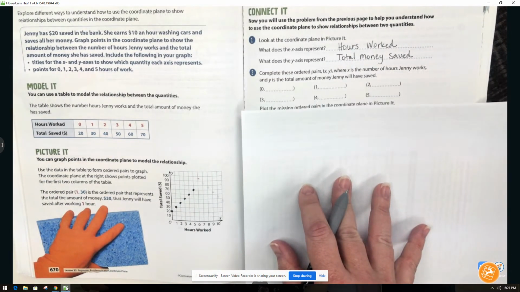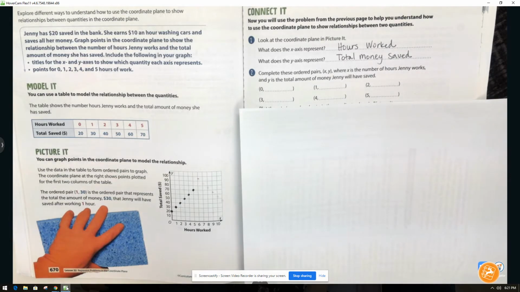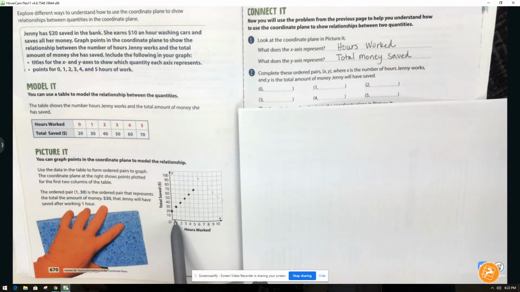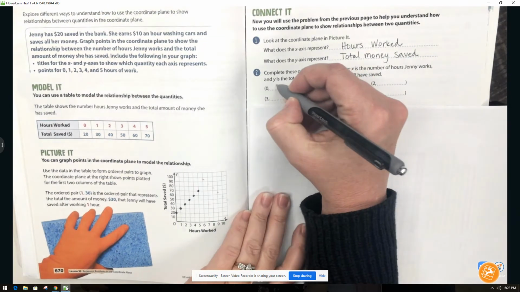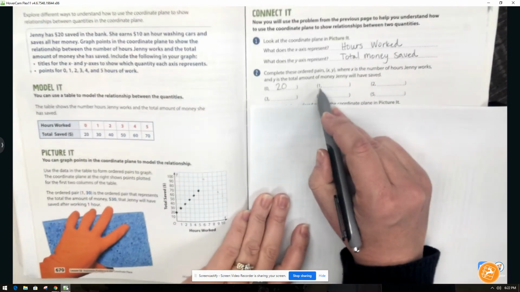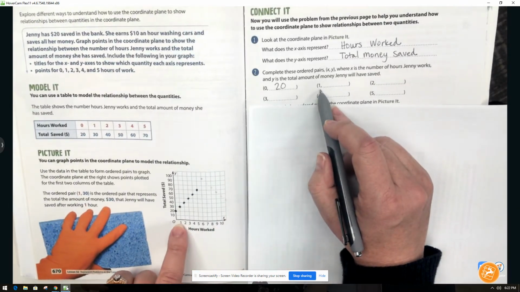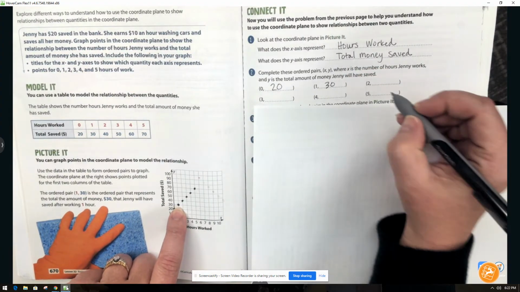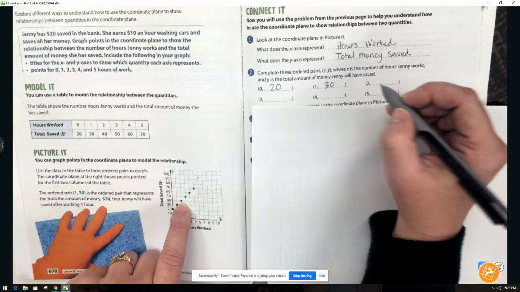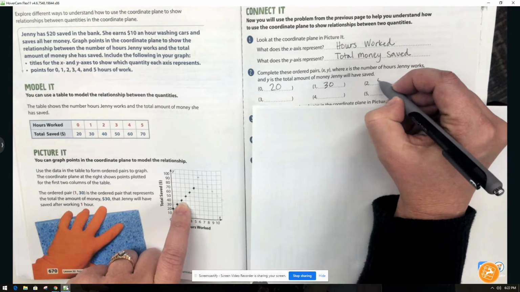Now we're going to go ahead and figure out what all of those ordered pairs are going to be. If our x-coordinate is 0, what is our y? That's right, it's 20. If our x-coordinate is 1, what is our y? 30. If our x-coordinate is 2, what is our y? 40.